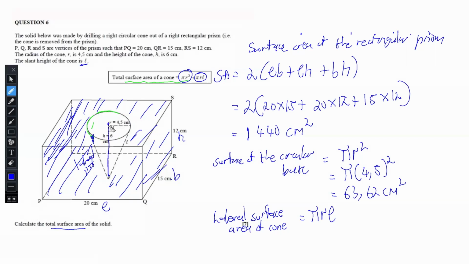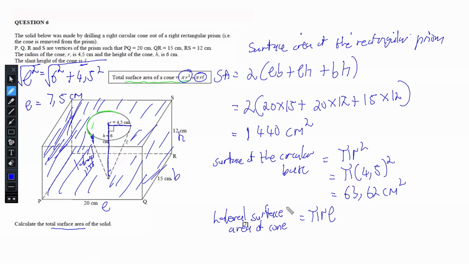We have our height as 6, we have our radius as 4.5. To calculate the slant height, it will simply be L squared is equal to 6 squared plus 4.5 square. Then you can simply put all of this into the square root. Then your slant height, L, would have to be equal to what? So 7.5 centimeters.